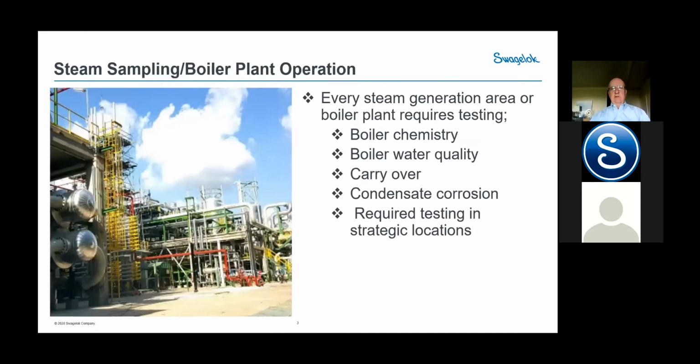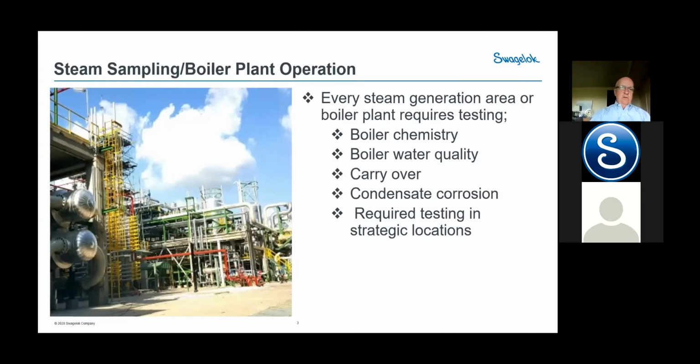Every steam generation area or boiler plant requires testing for boiler chemistry, boiler water quality, and boiler carryover. One of the things that's not measured and should be measured is carryover. Of course, condensate corrosion is a big factor in the steam and condensate system, and we need to be doing testing in strategic locations.